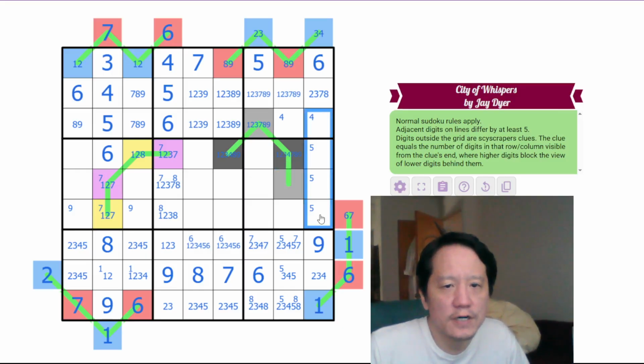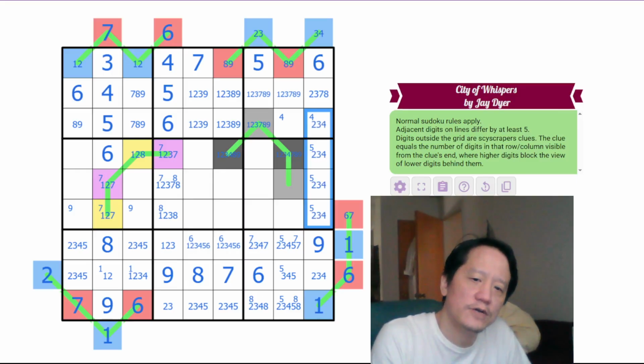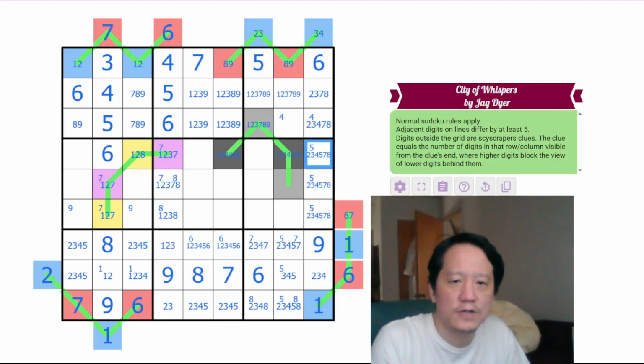Remaining digits in column 9, we have 2, 3, 4, 5, 7, 8. No 5 here. These are all fine.